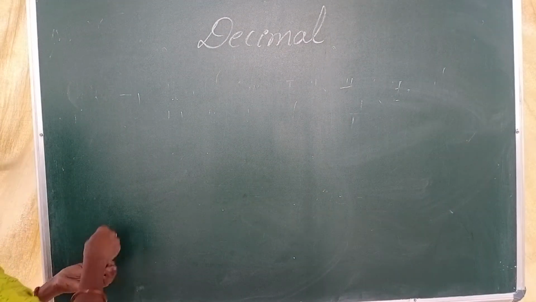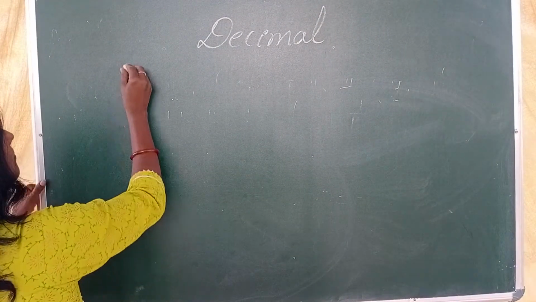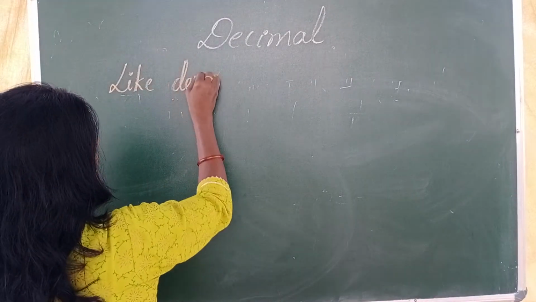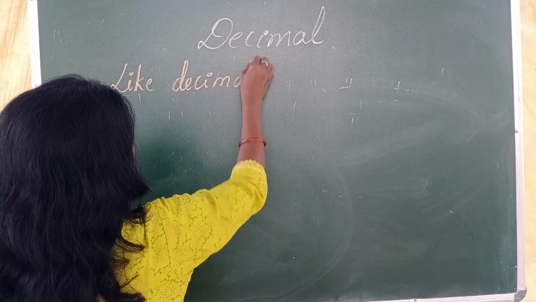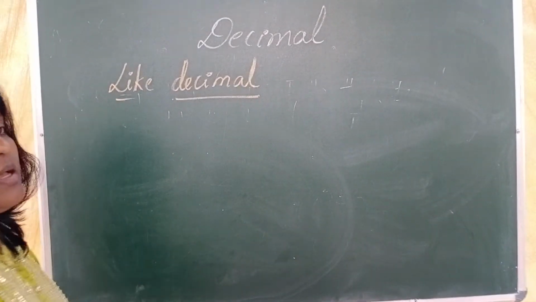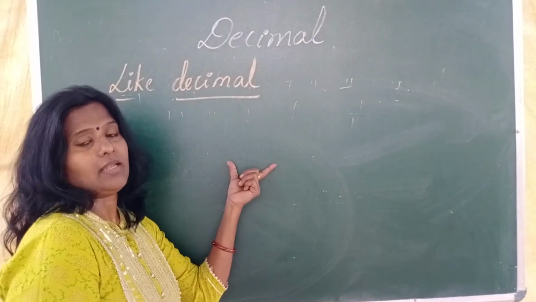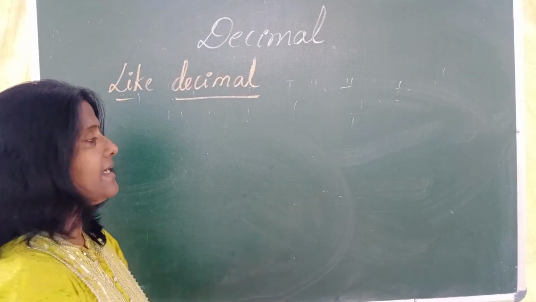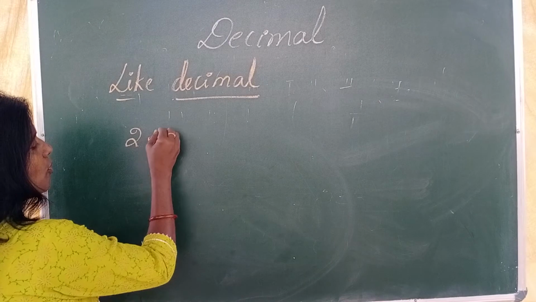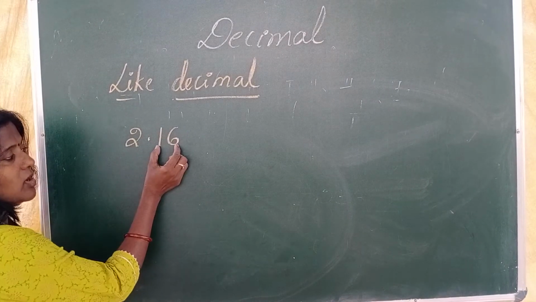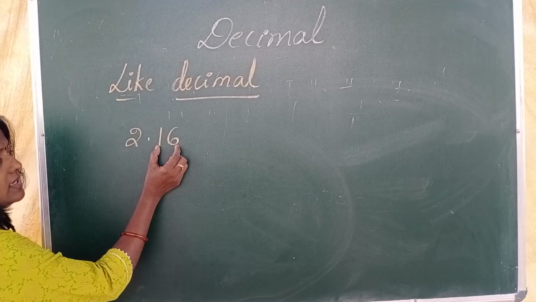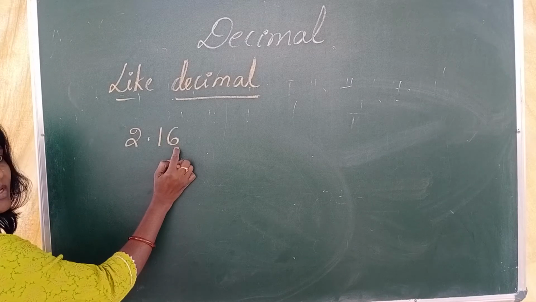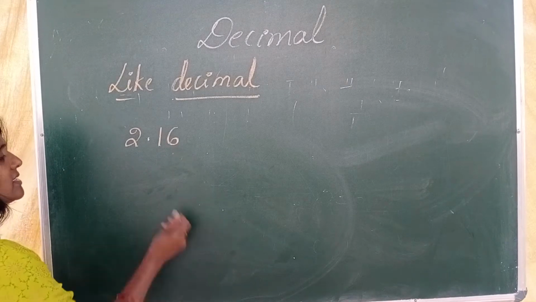Like decimals and unlike decimals. If the number of places in the decimal is the same, then such decimals are called like decimals. For example, 2.16: after the point, how many decimal places are there? 2 decimal places.